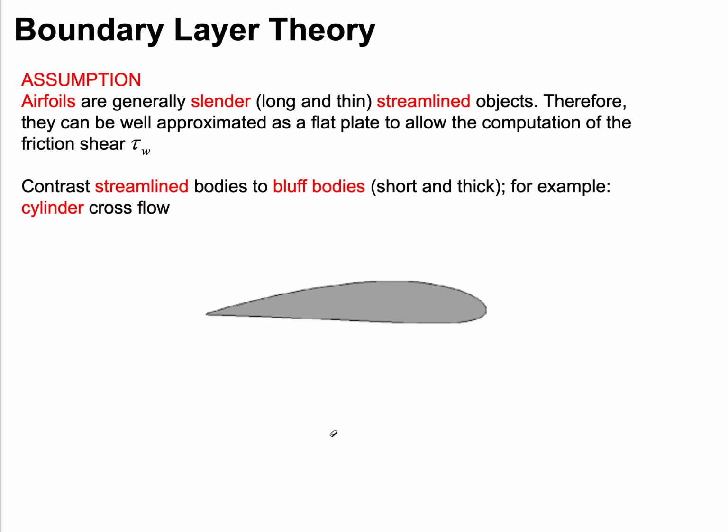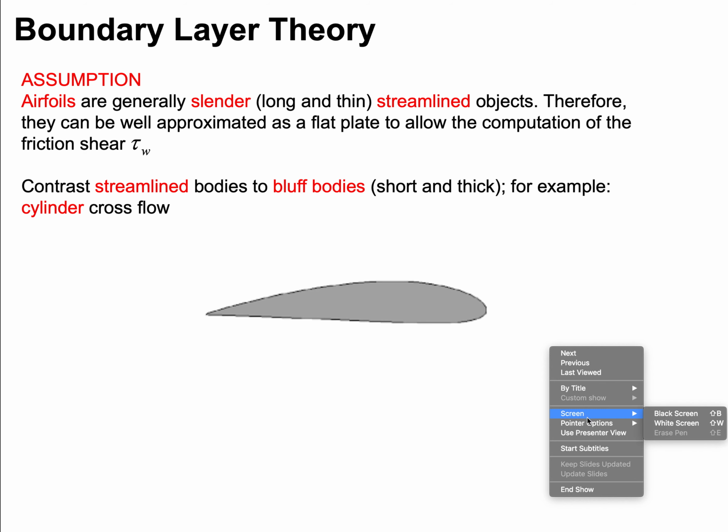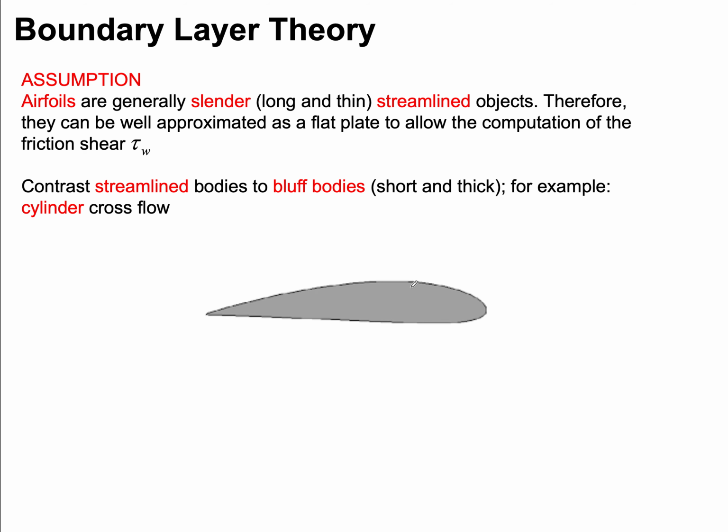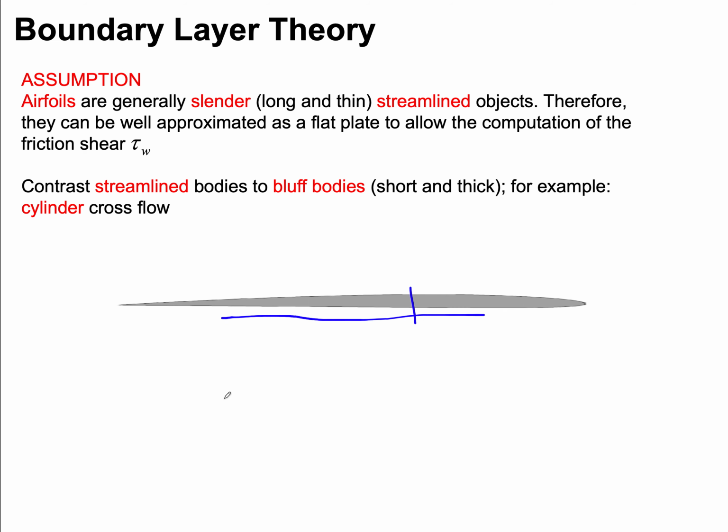And how does this apply to an airfoil? We're going to make the assumption that an airfoil is really long, much longer in comparison to its thickness. So its thickness is negligible compared to its length. So we're really assuming that this is the picture that we're dealing with.